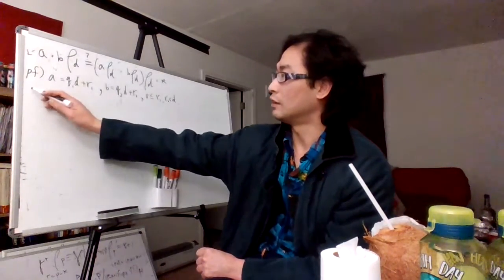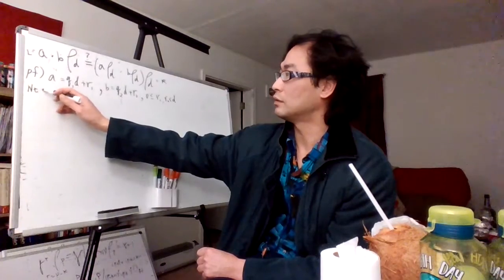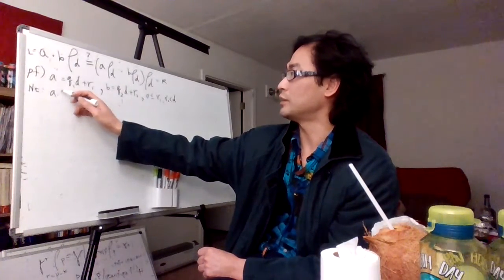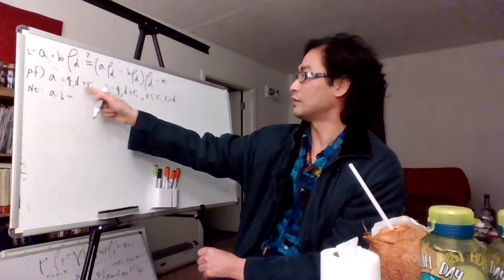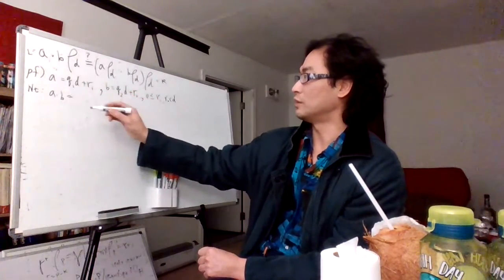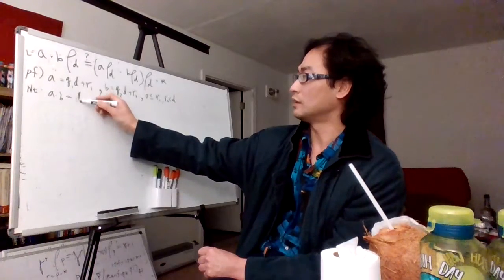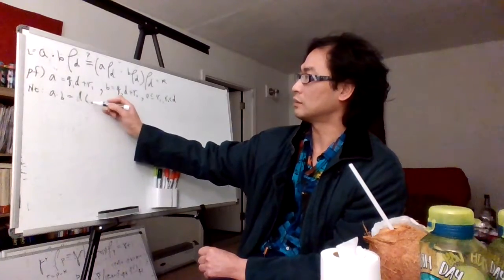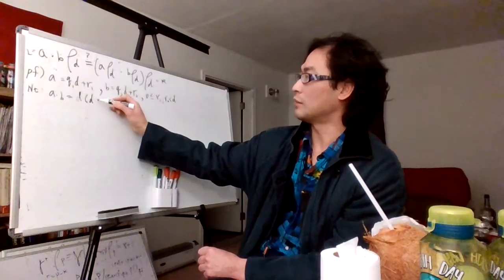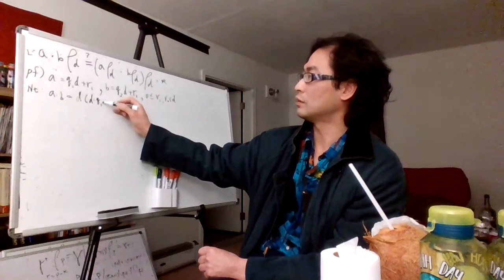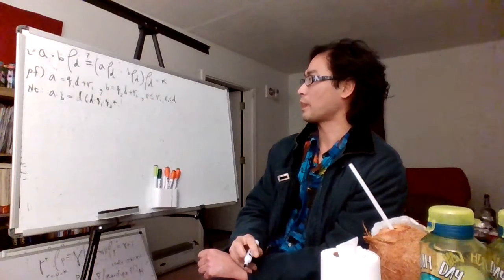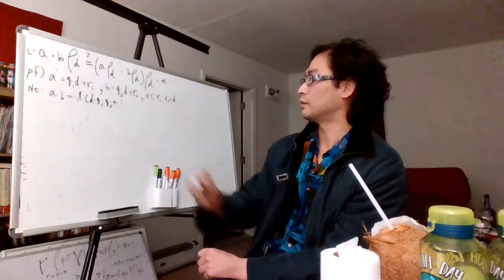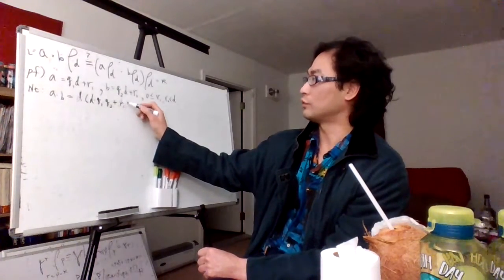Before that, note that A times B is equal to, just expand the multiplication by distributing, D times Q1 Q2 plus R1 Q2.